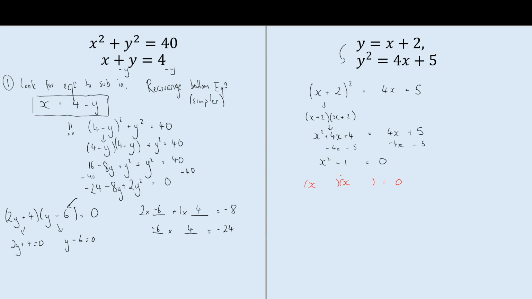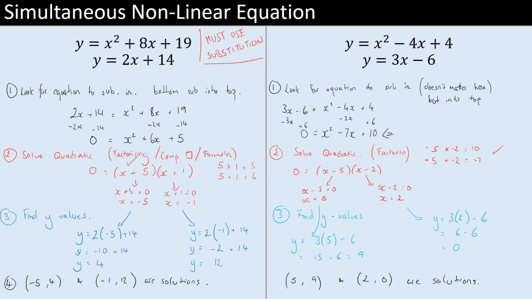I want 2 numbers which will multiply together to give me -1, but that add up to give me 0. That's the only combination that we've got. Okay? Now from there, we go through the same method as we did before.